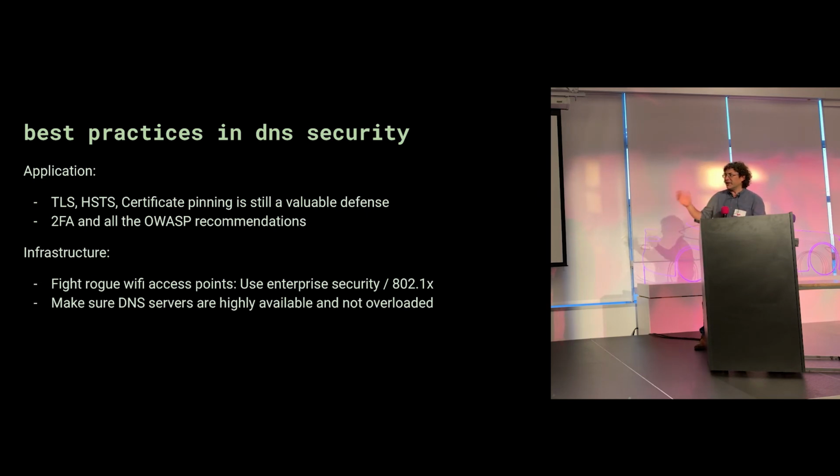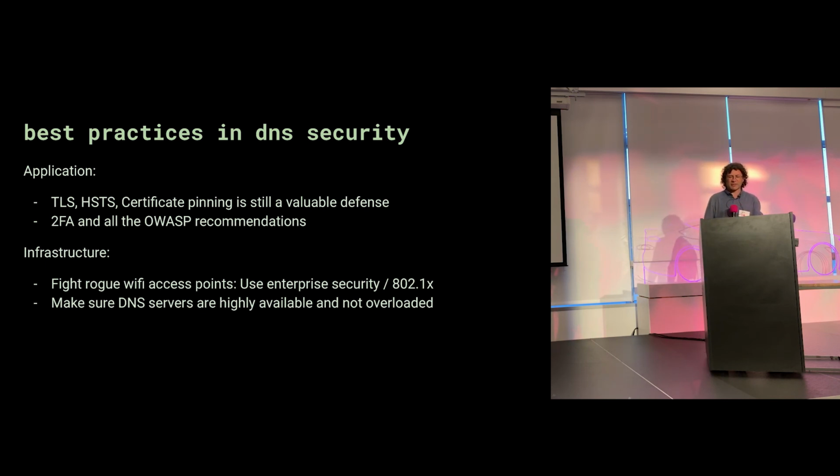The first, I guess, fighting rogue Wi-Fi access points. That is quite a significant threat in any enterprise. So if you're using low-grade or personal-grade security, you want to be looking at the enterprise security, 802.1X, those sort of standards, to make sure that the device knows it can trust the Wi-Fi, and is not talking to a rogue Wi-Fi access point.